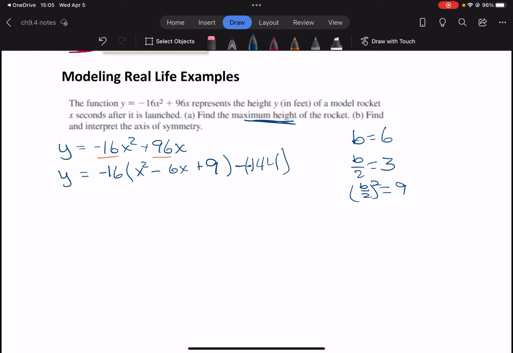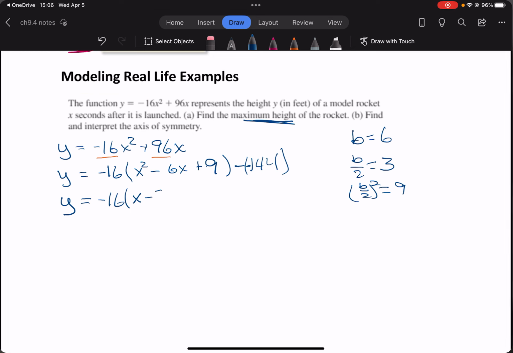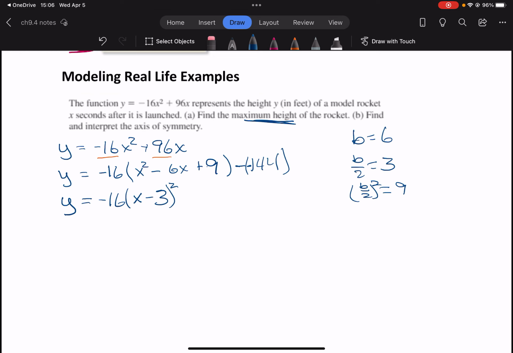So the equation here is y equals negative 16. I'm going to go ahead and factor this. So remember that is x, first sign negative, b over 2 is 3, squared, minus minus makes it a plus 144. And so what happens here is that now I can find the vertex. Remember, the vertex always tells me where the maximum is.